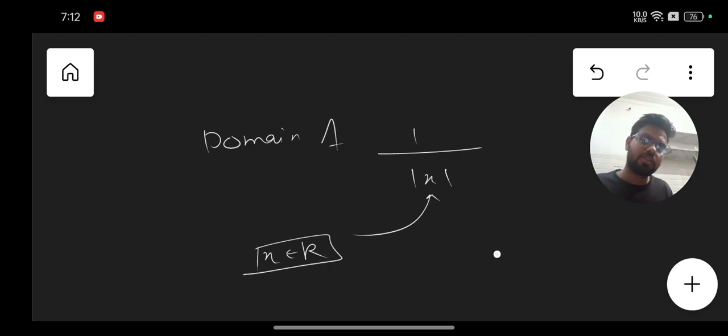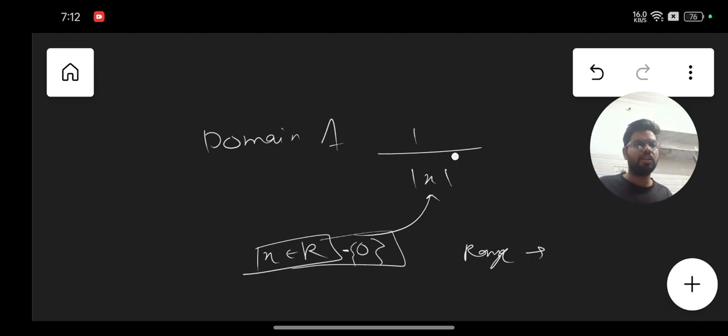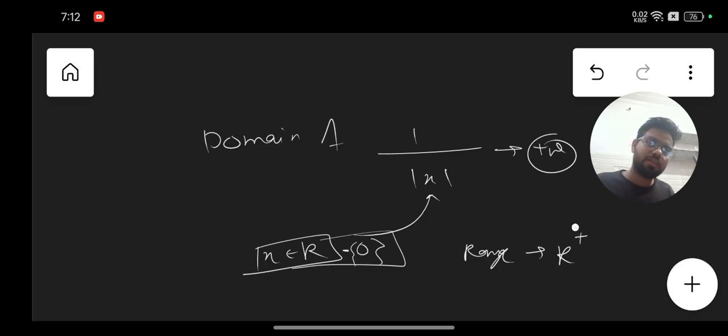And if I will ask you what is the range, so range of function is what, any real number value I can put up, but I can't put up 0. Okay, so 0 we have to subtract it. Then what is the range, beta? Range is always, if I will take any positive or negative value, result will be always positive, which I already told you, the modulus function. So answer is what, range will be always positive real numbers. Got it my point?